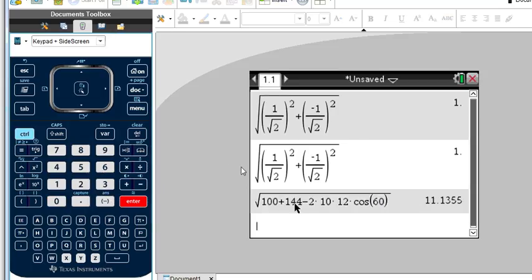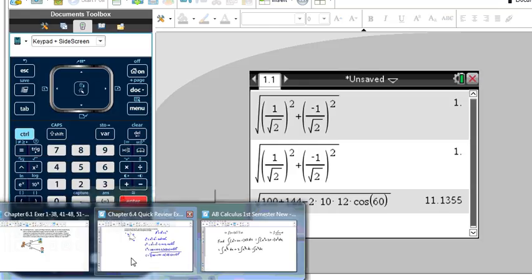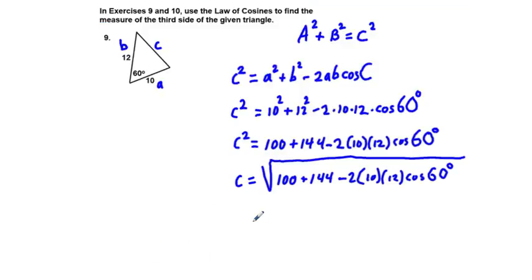So there we have about 11.14 rounded to the hundredths place. And so that's going to be our answer for problem number 9.